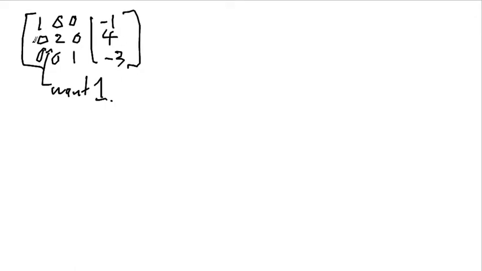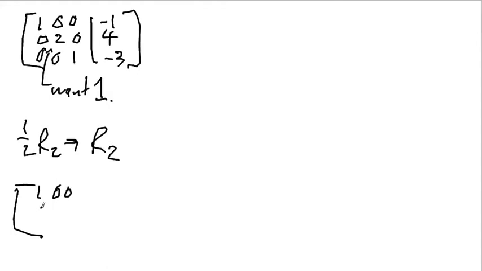Well, I can just divide this entire row by 2. I can take 1/2 row 2 and replace row 2 with that. And what do I end up with? 1, 0, 0, 0, 1, 0, 0, 0, 1. And the right side becomes negative 1, 2, negative 3. Check for yourself that this is reduced form, but it is.